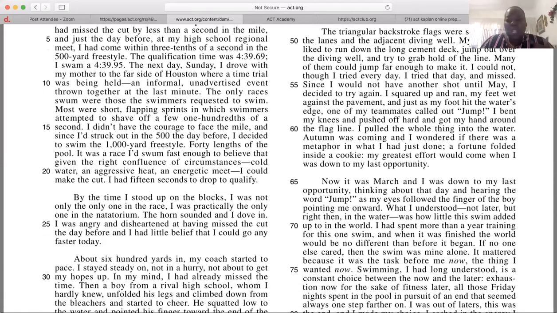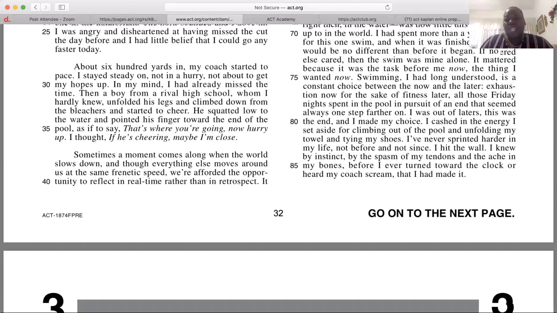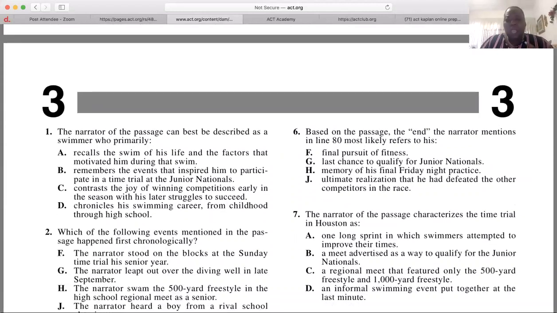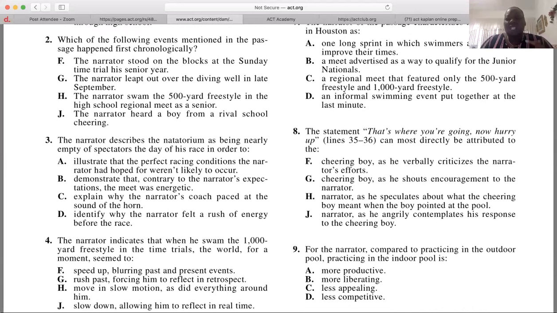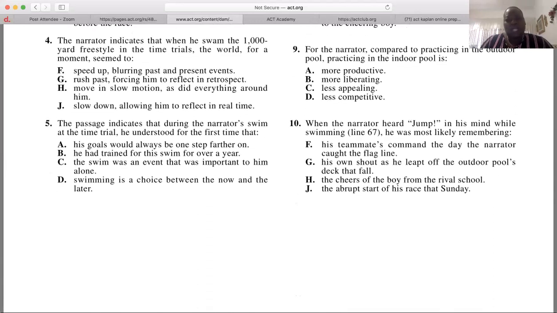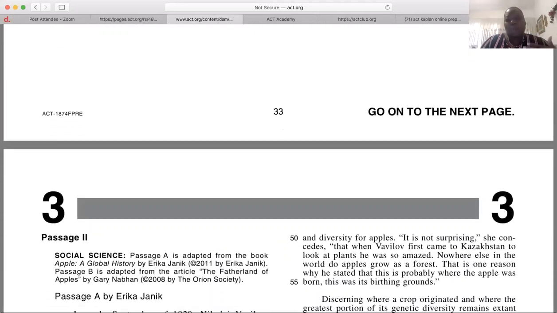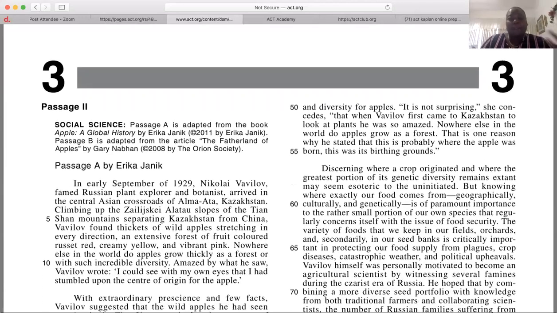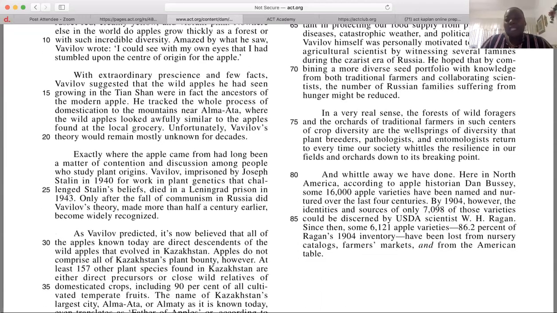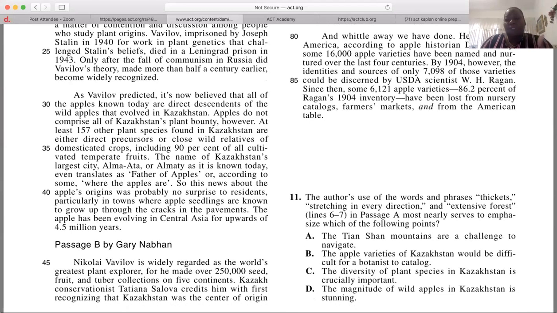But I want to take us to pages 34 and 35, just so that I can give you a few tips on things that you want to do when we're talking about being time conscious, time management. ACT gives us opportunities to see where to go to get the information for those particular questions.